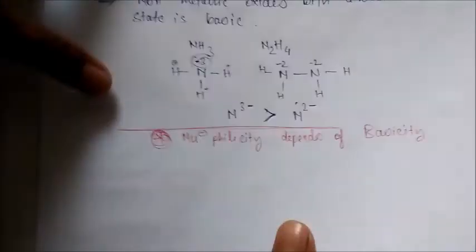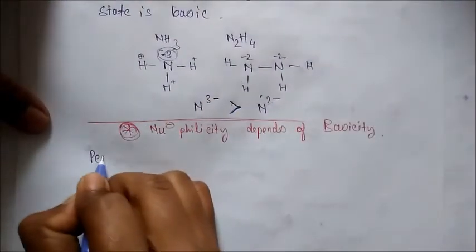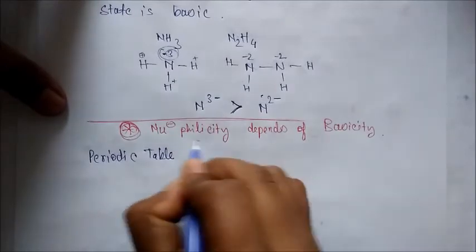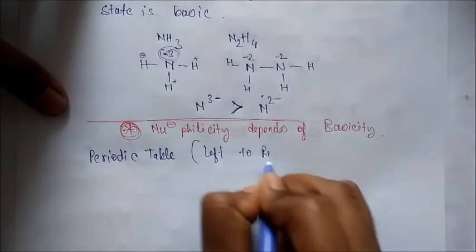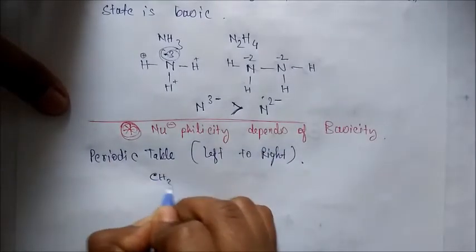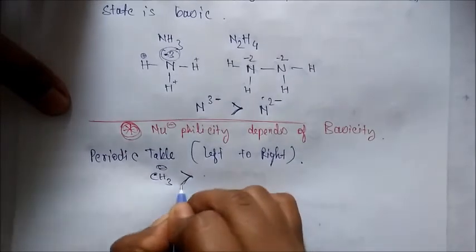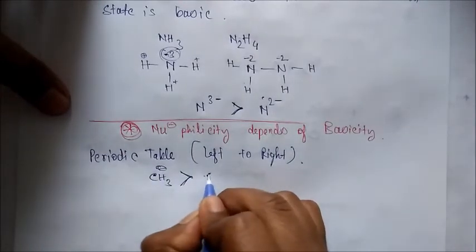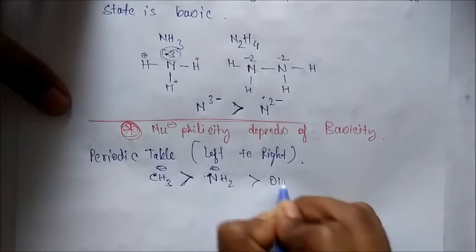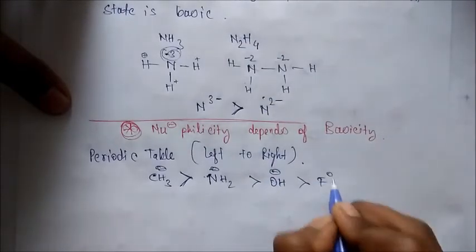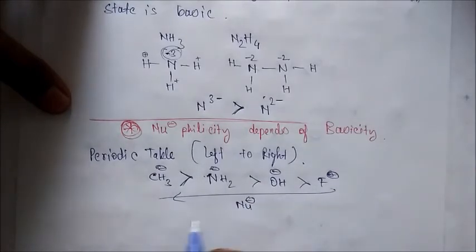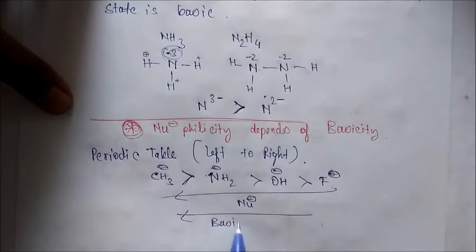So if we write in the first periodic table, left to right, the nucleophilic order will be CH3 minus greater than NH2 minus, OH minus and F minus. So the nucleophilic order will be like this way, and also the basic order will be like this.